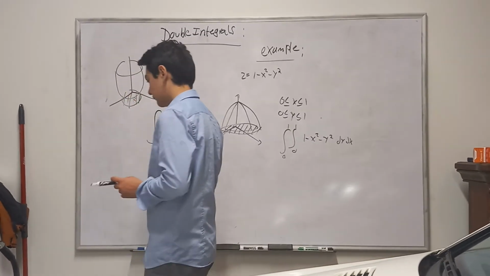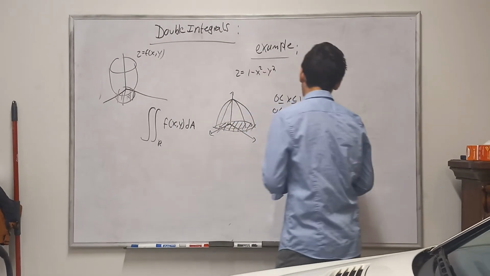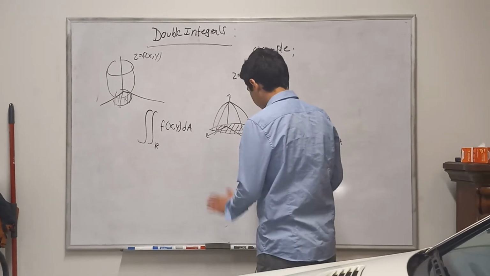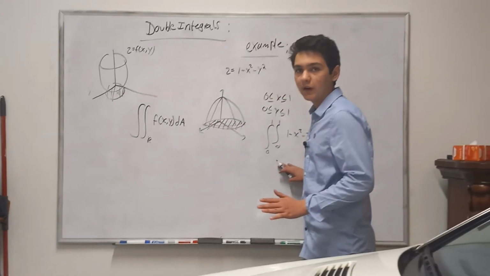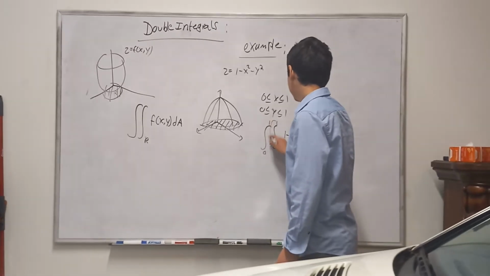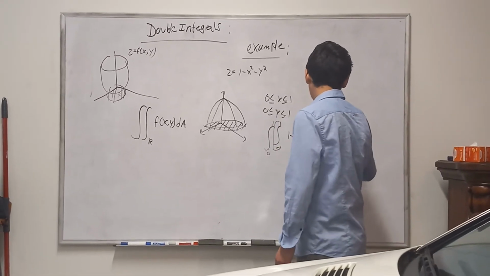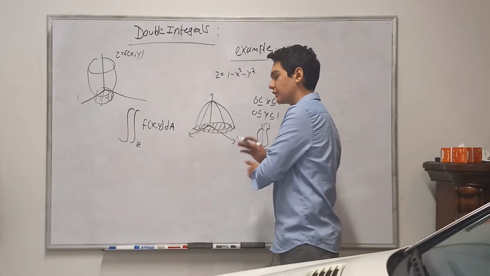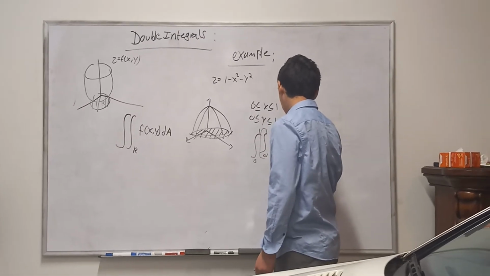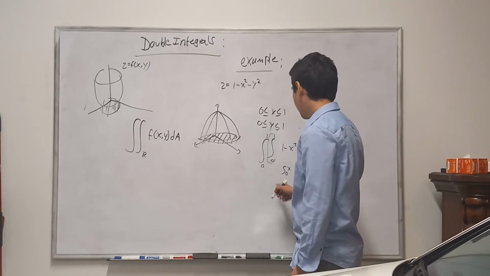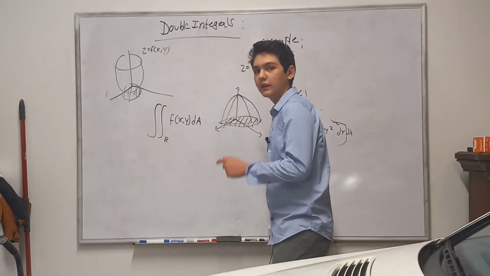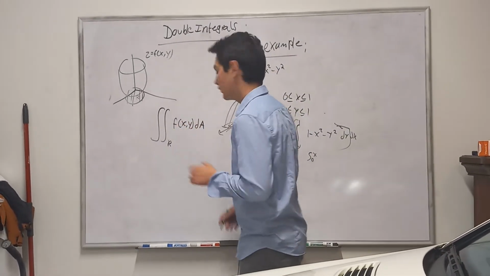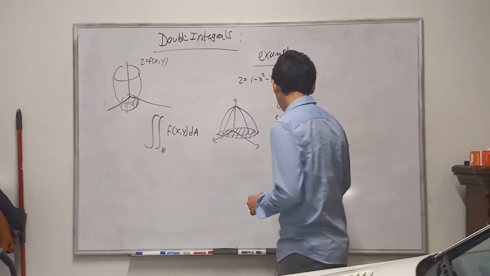So let's actually integrate this. This is called an iterated integral. We can integrate this section first, and then integrate that result. We have to pay attention to what variable we're integrating with respect to. In this case, we're doing y.